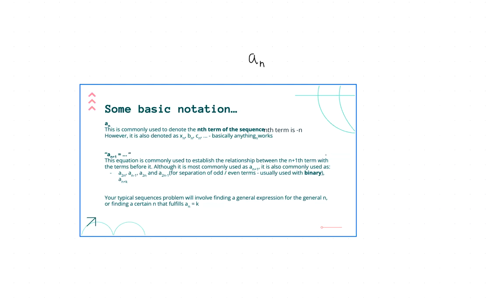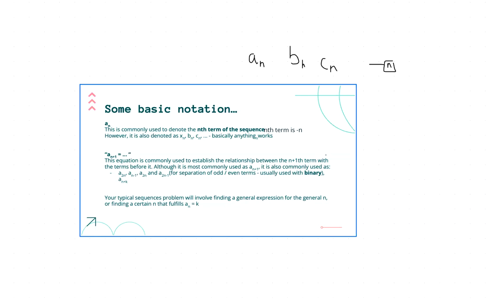We often use a_n, but we might also get b_n or c_n. It doesn't always have to be n; it could be k or j, but this notation is what we use to denote the nth or kth term of a given sequence.